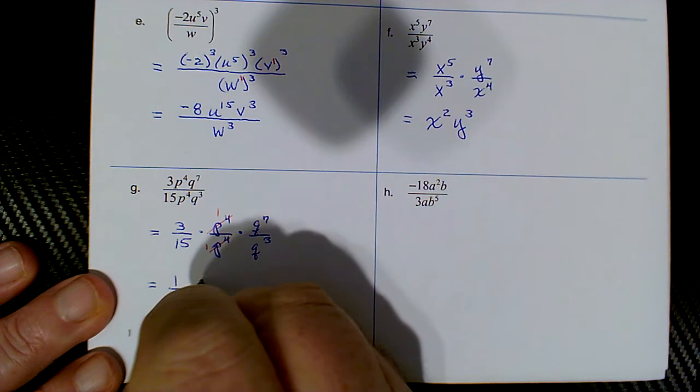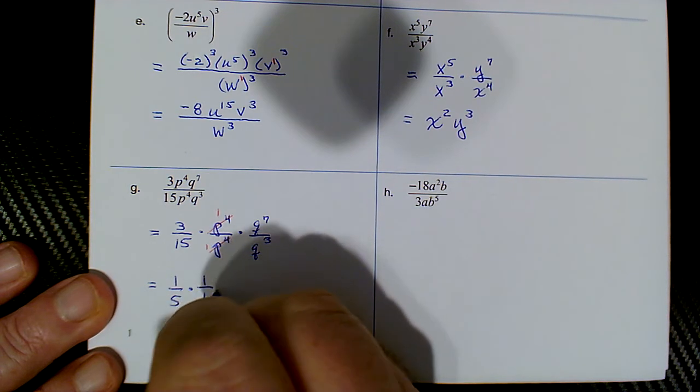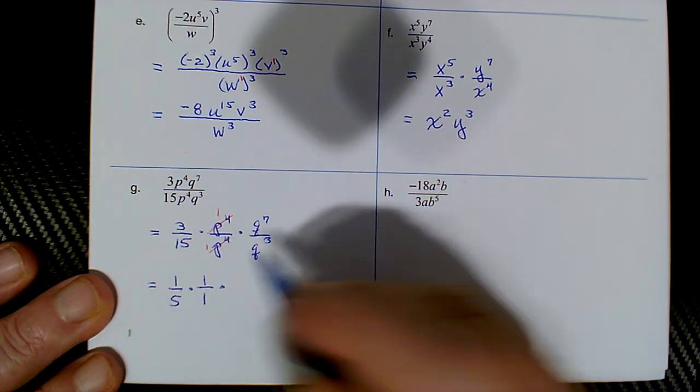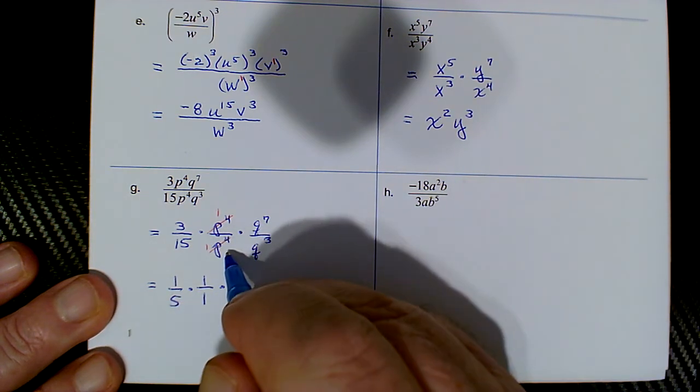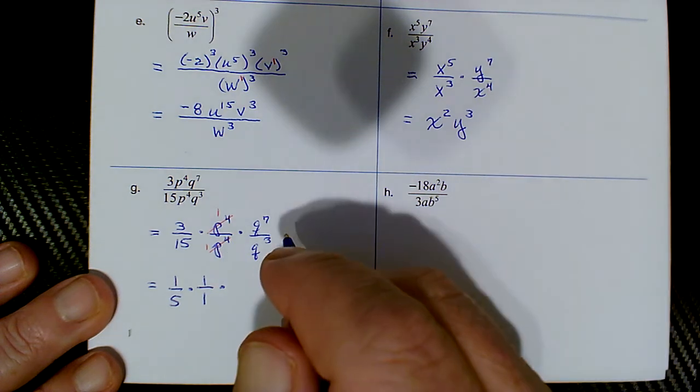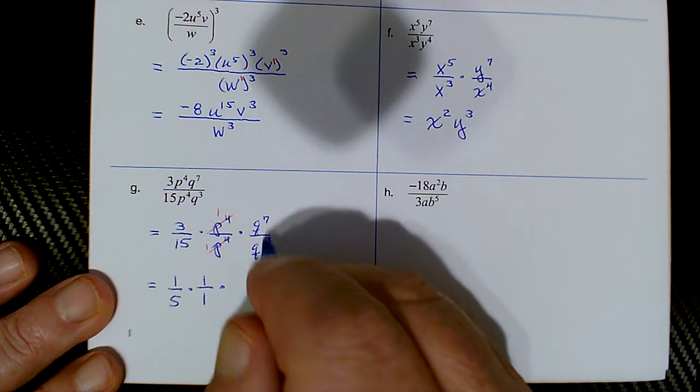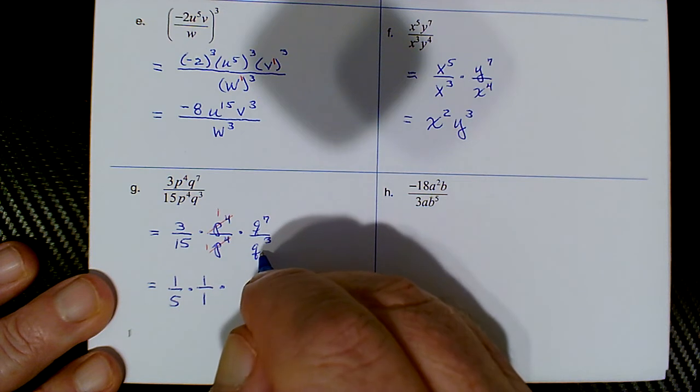There's really not a need to even write that. Or you could think of the fact that when you divide common bases, you subtract the exponents. But then you would get p to the 0, but recall by definition, p to the 0 is 1. And then q to the 7th over q cubed. Again, you could think about division as common bases, you'll get q to the 4th.